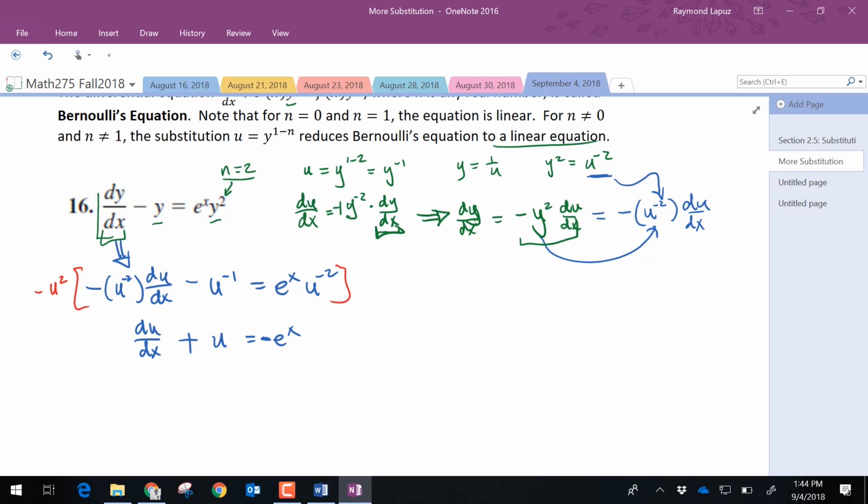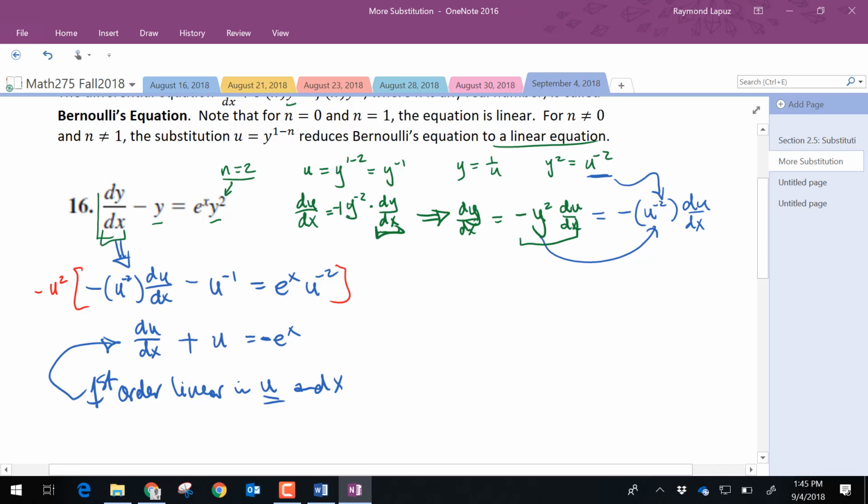Now if you look at this, instead of a y, you have a u, but in terms of u and x, this is a first order linear differential equation. And then you solve for it.